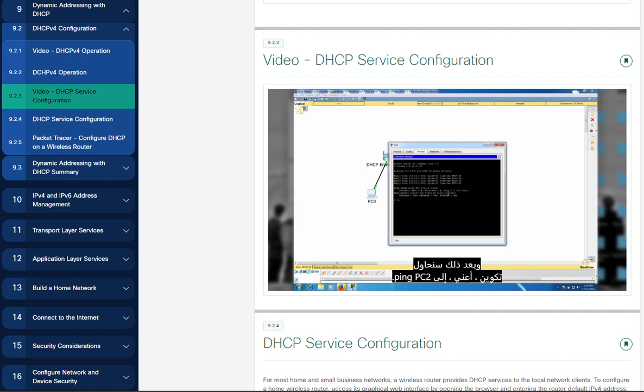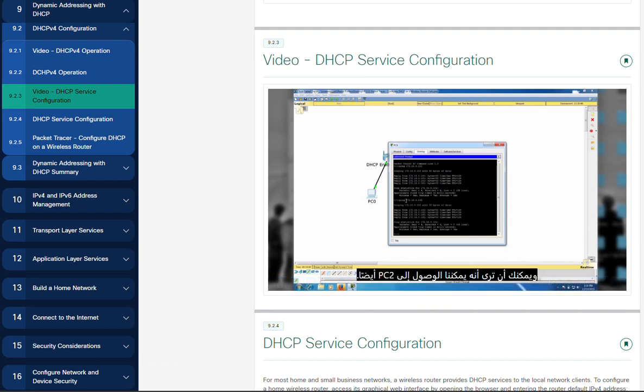And then we will attempt to ping PC2. And you can see we can reach PC2 also.